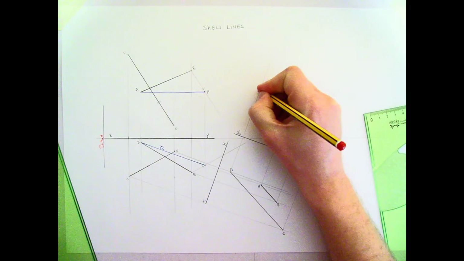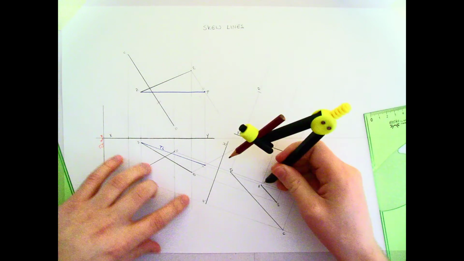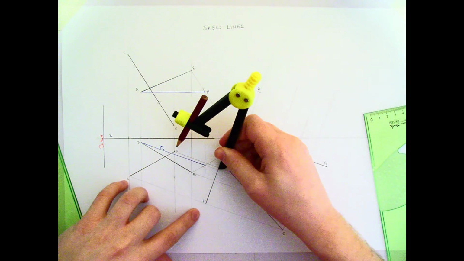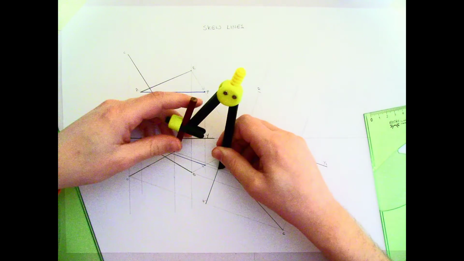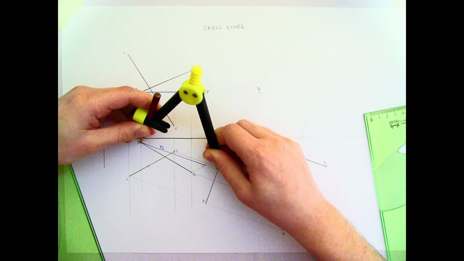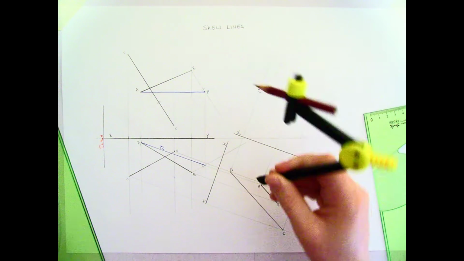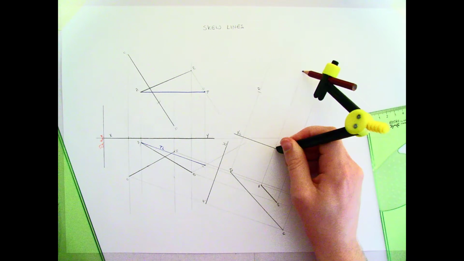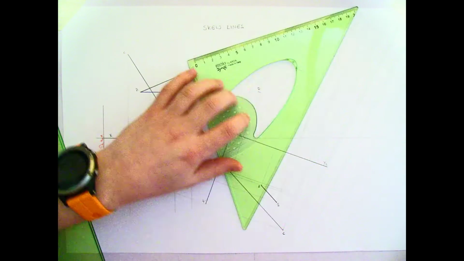So this is D. Going to do the same thing for A, so from here, from my x1, y1 line, measuring back as far as A, and marking that from the x2, y2 line, so A is up here.